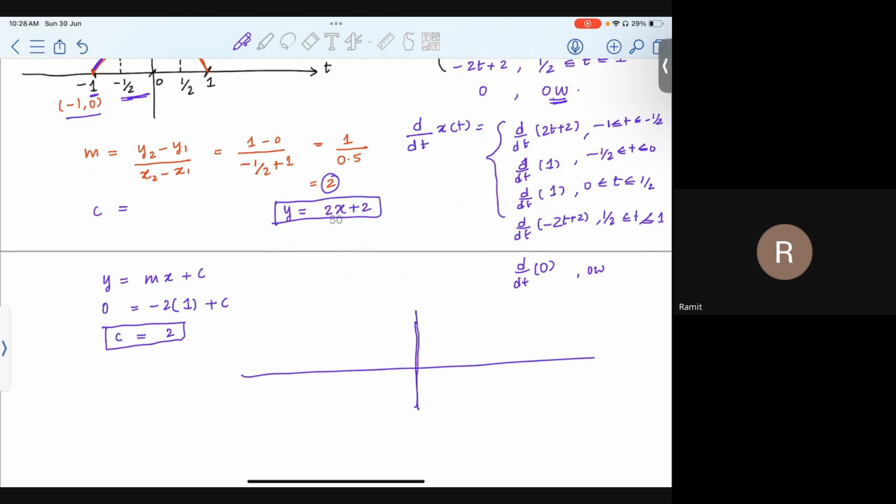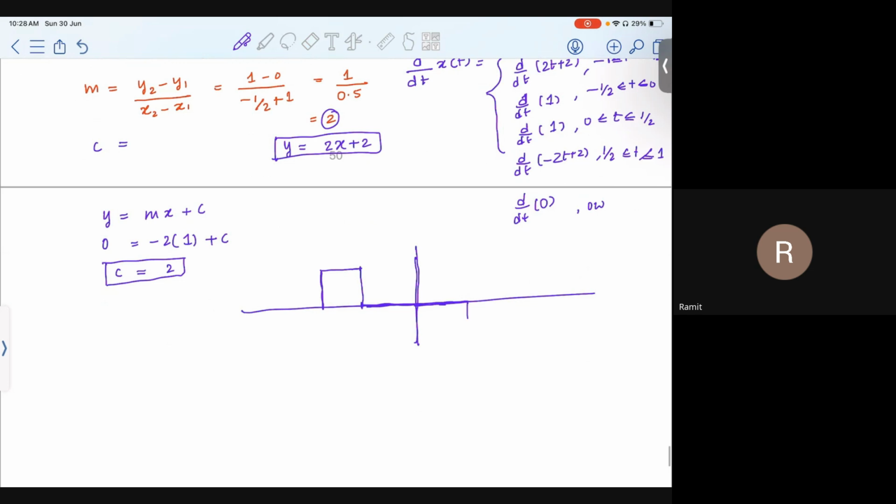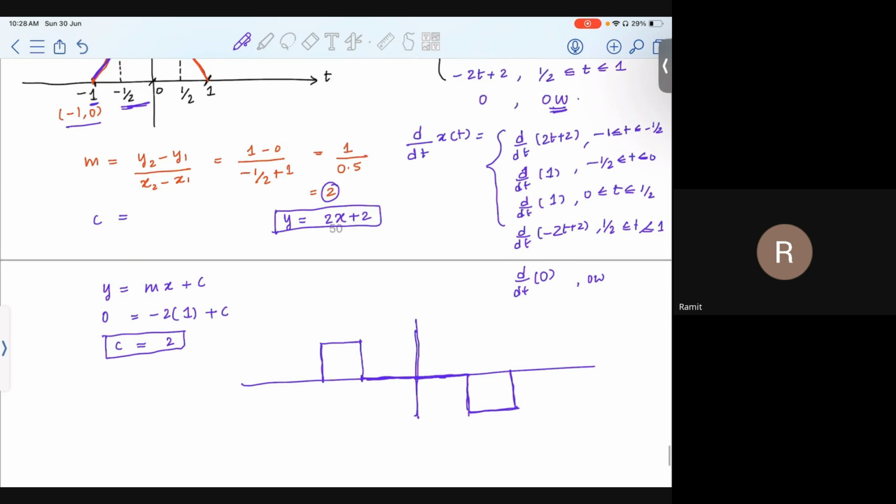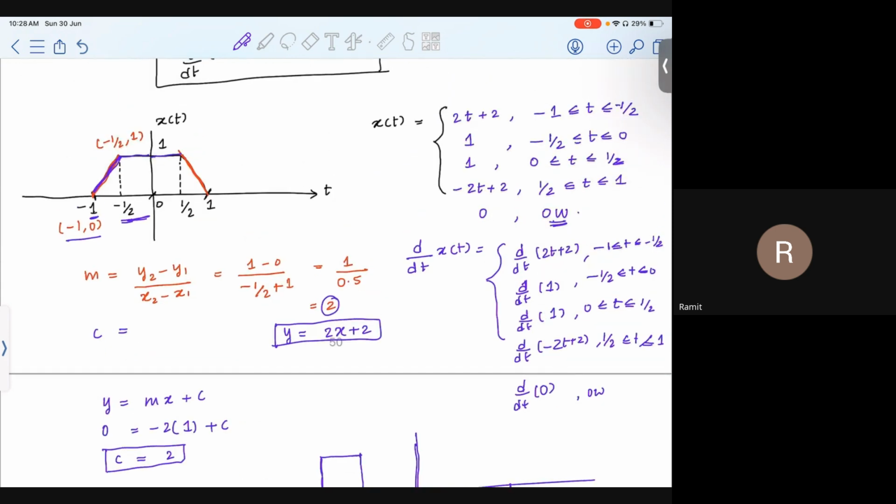So the final signal, when you take the derivative, looks something like this. From minus 1 to minus half, the signal takes a value 2. From minus half to 0, the signal takes a value 0. From 0 to half also the signal takes a value 0. But from half to 1, the signal takes a value minus 2. There's some mistake over here.